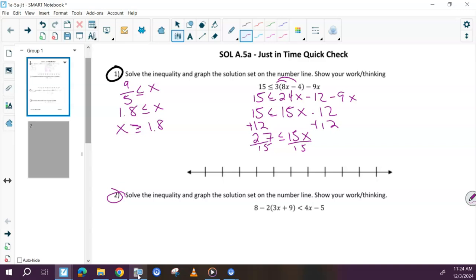Sorry, I said it backwards. If you read it like this, x is greater than or equal to 1.8, it'd be the same thing as this. So then your number line, you could put whatever you want.